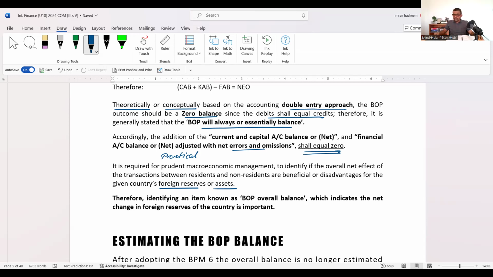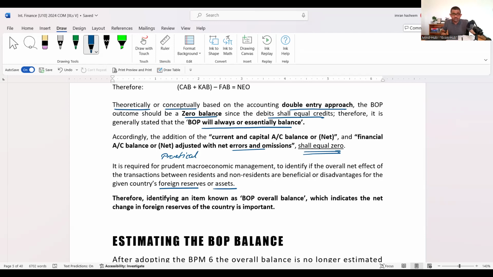If you want to know, through the economic activities we do with the rest of the world, what is the actual impact on our foreign reserves, for that purpose, we estimate what we call an overall balance. So what does the overall balance show? What is the purpose of the overall balance? To know the impact of our economic activities with the rest of the world on our foreign reserves or foreign assets.